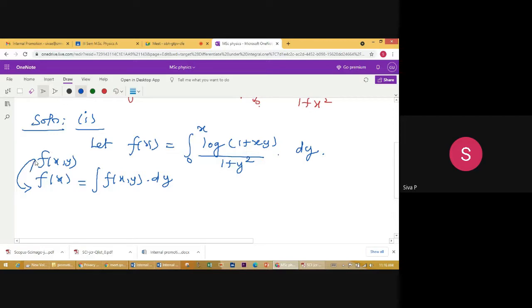Similarly, to get f of y, take the integral over f of x comma y dx. Here some limits should be there: y equal to some a, y equal to some b; x equal to some a, x equal to some b.